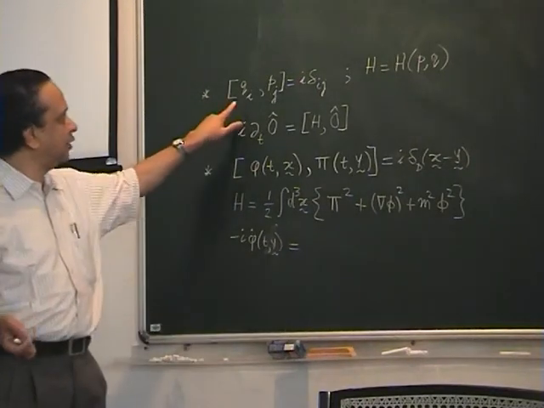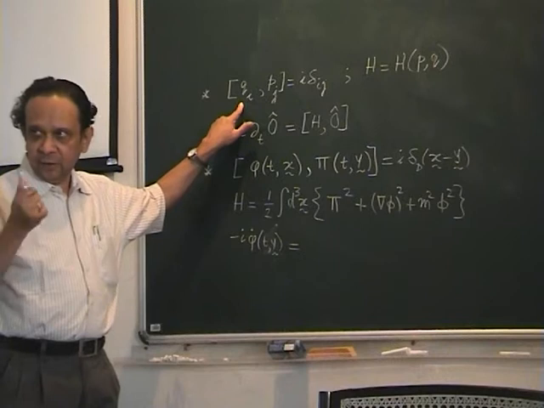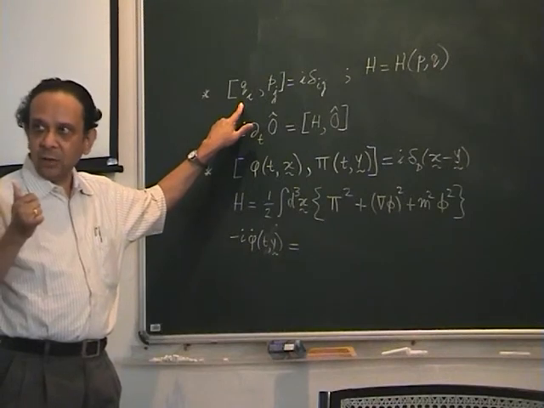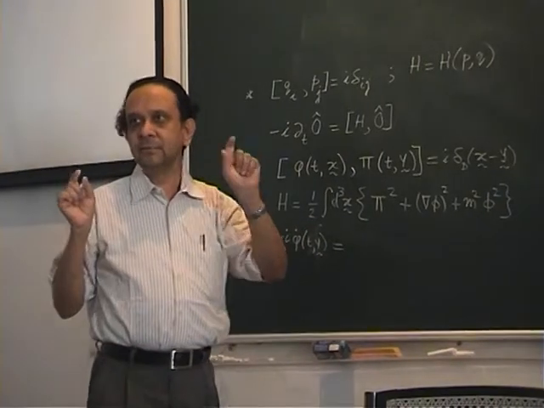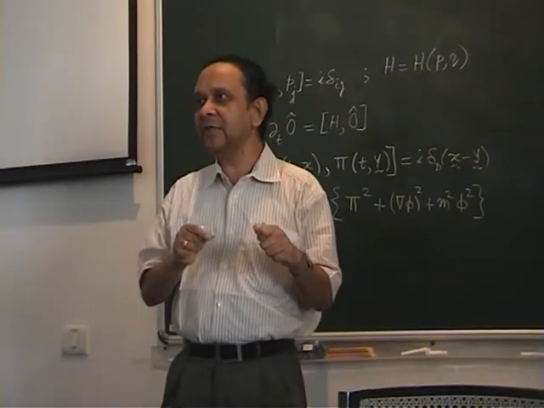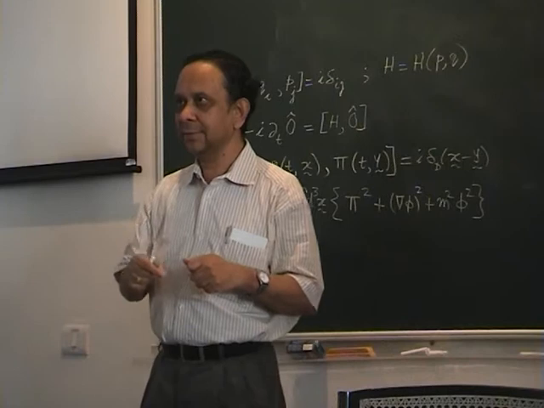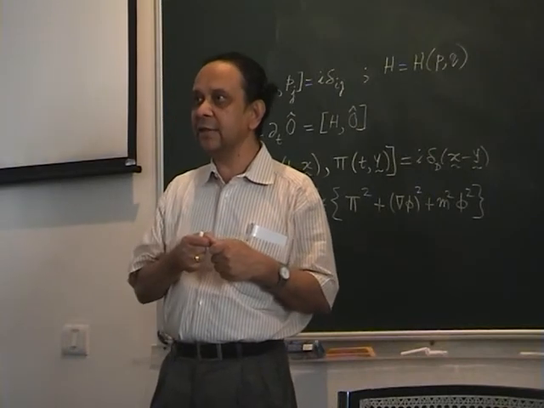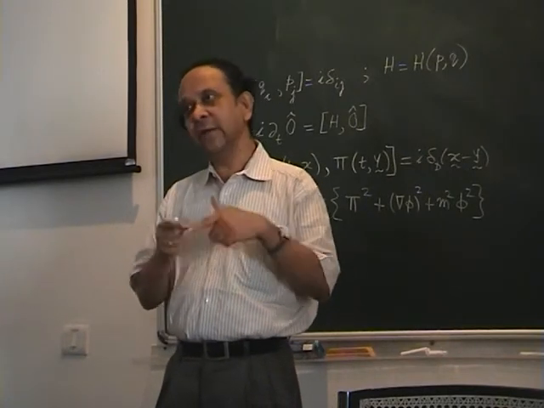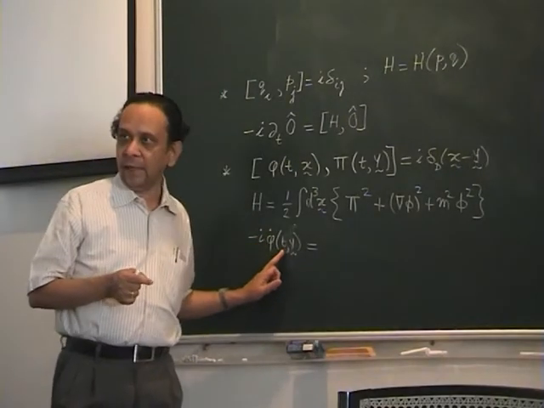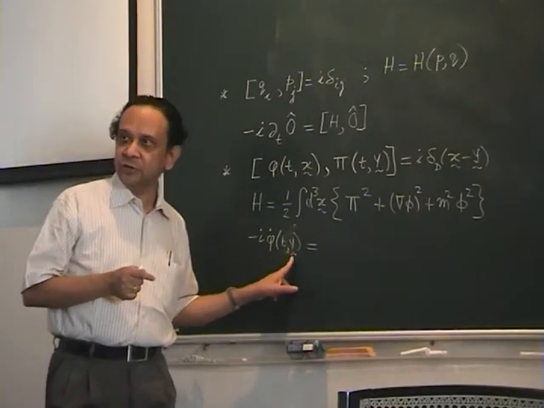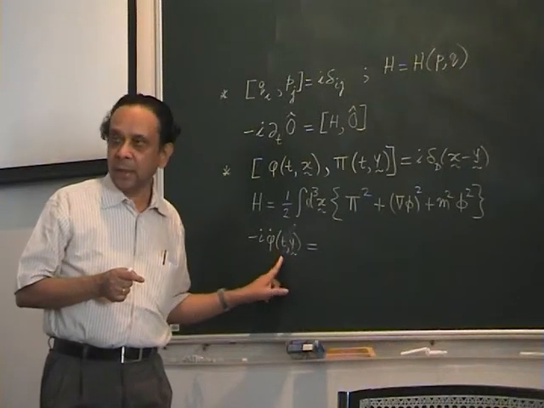So just as I said, q_i is a particular degree of freedom which depends only on time. Suppose you take q. In some surrealistic way, q depends on i as well as on t, because it depends on whether i is equal to 33 or 2. It also depends on the time. Similarly, phi of t comma y depends on which y you are choosing as well as on time.